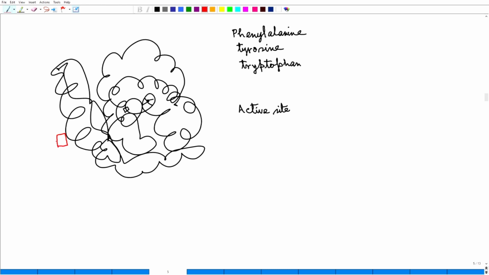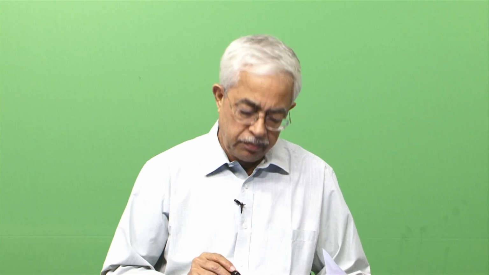Okay. Now, let me tell you another story. So, this is fluorophore 1, this is fluorophore 2. Fluorophore 2 is natural and fluorophore 1 I put here chemically.